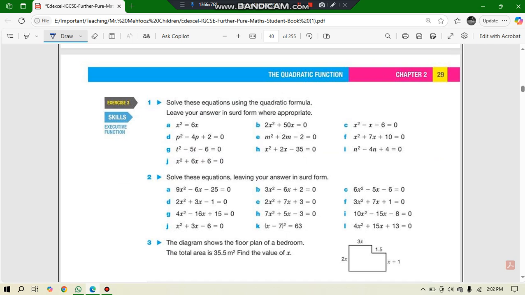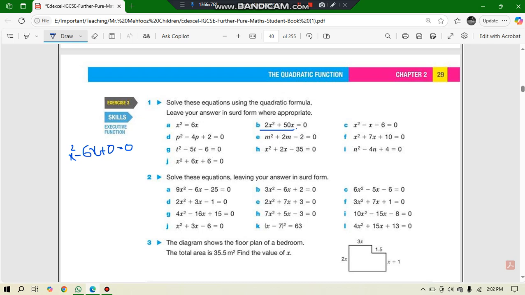It means that first of all we have to write it in the standard form, that is x square minus 6x plus 0 is equal to 0. So here a is equal to 1, b is equal to minus 6 and c is equal to 0. Also in part B, a is equal to 2, b is equal to 50 and c is equal to 0. Now you can put the values into the quadratic formula to find the solution.